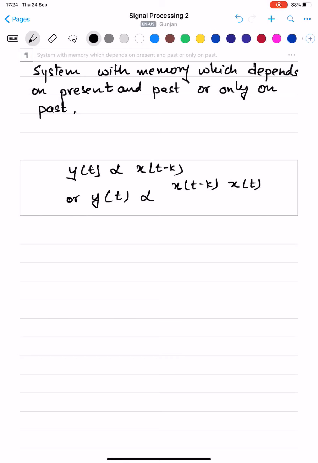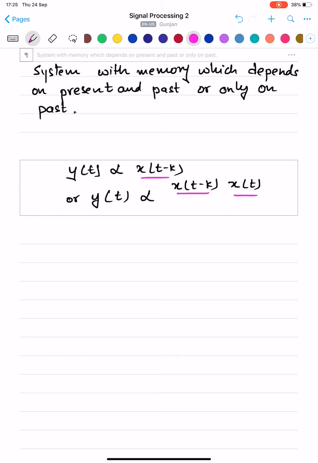If I say combination, it can be addition, multiplication, division or subtraction. But the thing is that it depends upon, or is proportional to, both of them, your x(t minus k) and x(t), or it depends only on past.